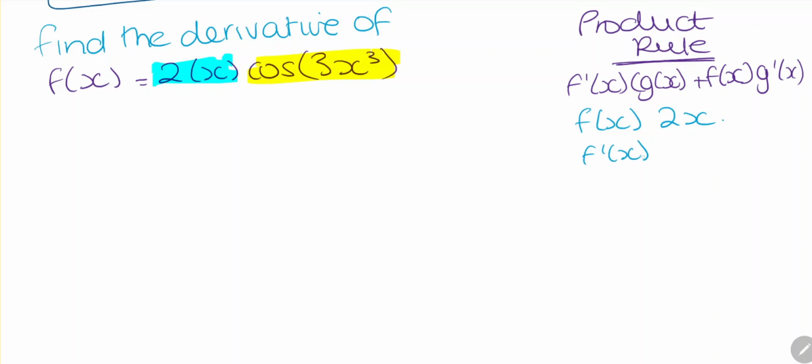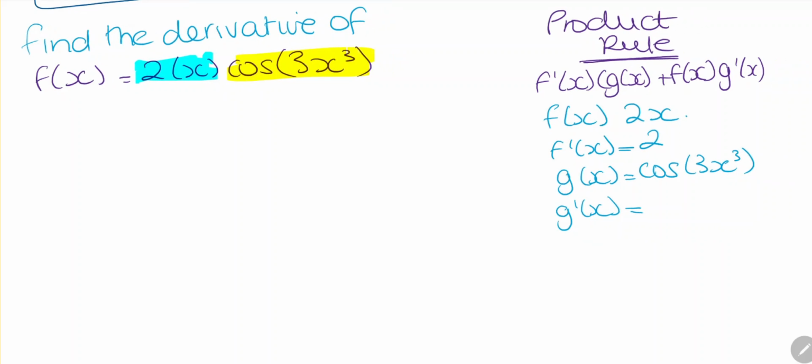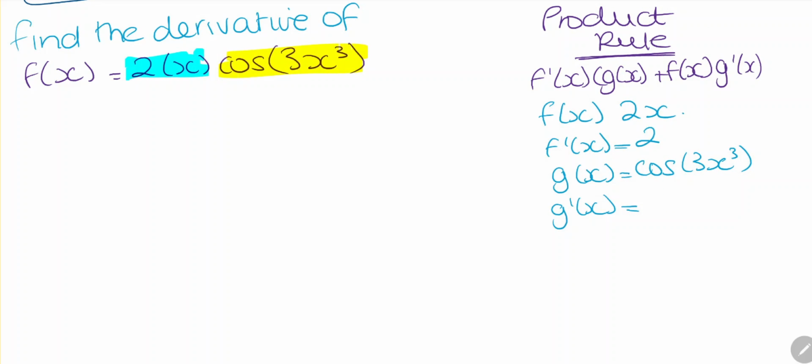The derivative, f prime of x, of 2x is going to be 2. So g of x, now we're looking at our cosine function, so we have cosine 3x cubed, so that's just the same. But our derivative, we need to find the derivative of cosine, so this is going to be negative sine.